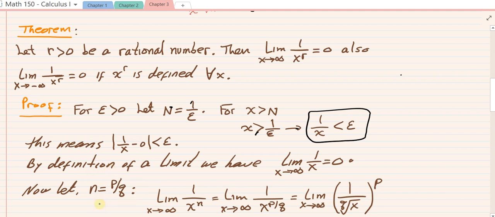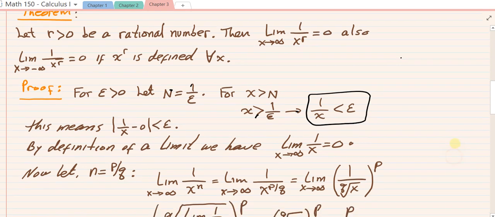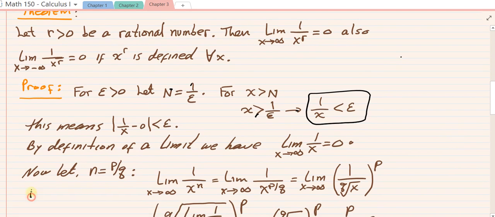So if n is a rational number, and here, of course, I didn't write it, but p and q are integers, then if I write the limit as x goes to infinity of 1 over x to the n, this is what we want to find, right? That limit is what we want to find.